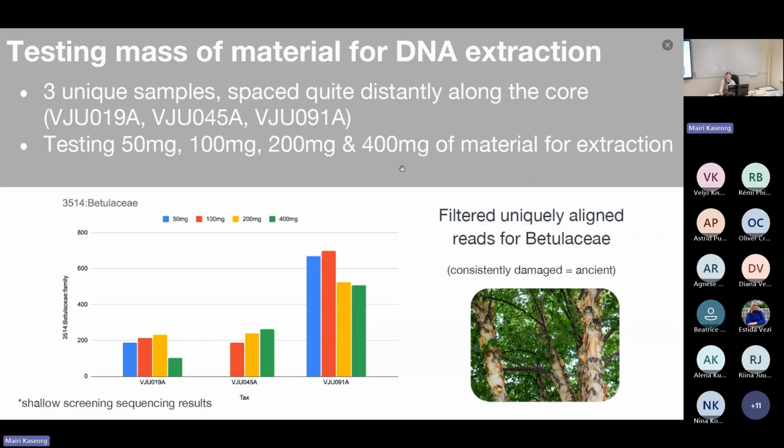When looking more specifically into what kind of species we find, here you can see reads that are uniquely aligned to Betulaceae, and these are damaged reads. So we have ancient reads, and one member of this group is birch tree, for example, which is something that we know grew here already for a long time.